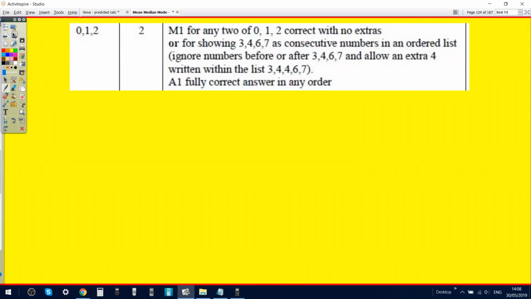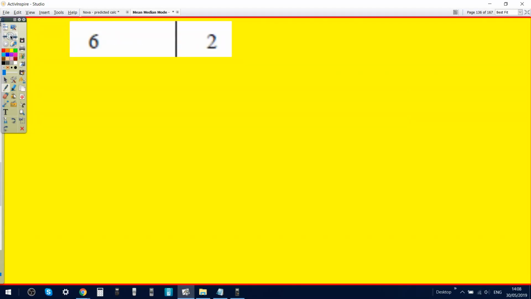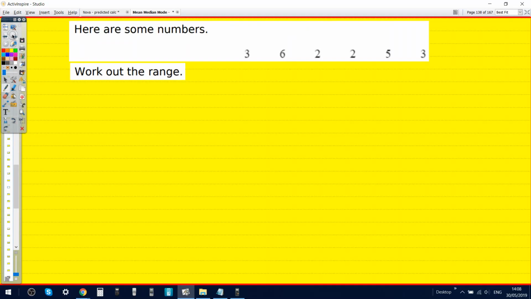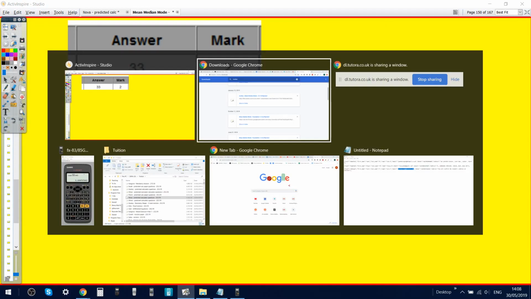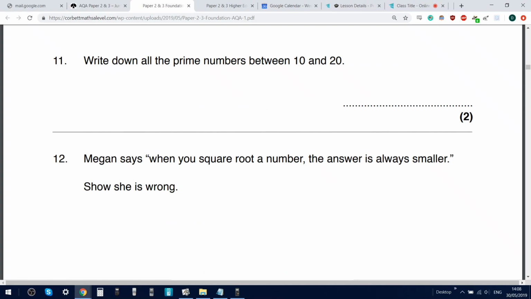I'll tell you one question that caught me out. It was a very minor thing, but there was a factorized question, put into brackets basically.